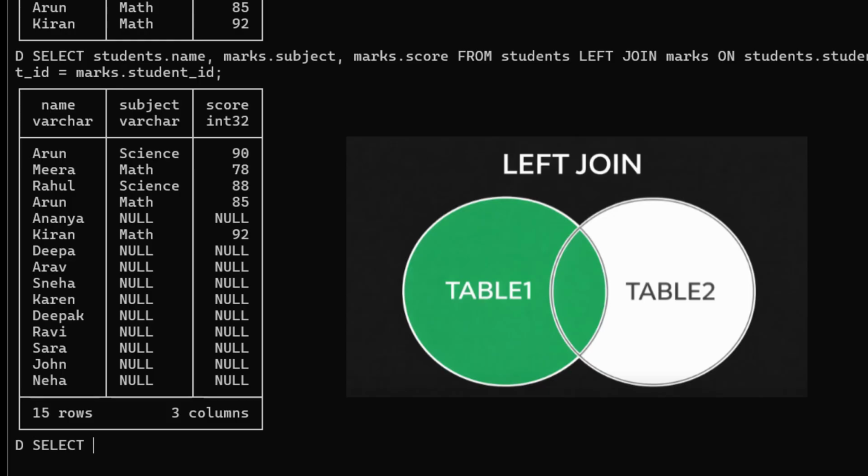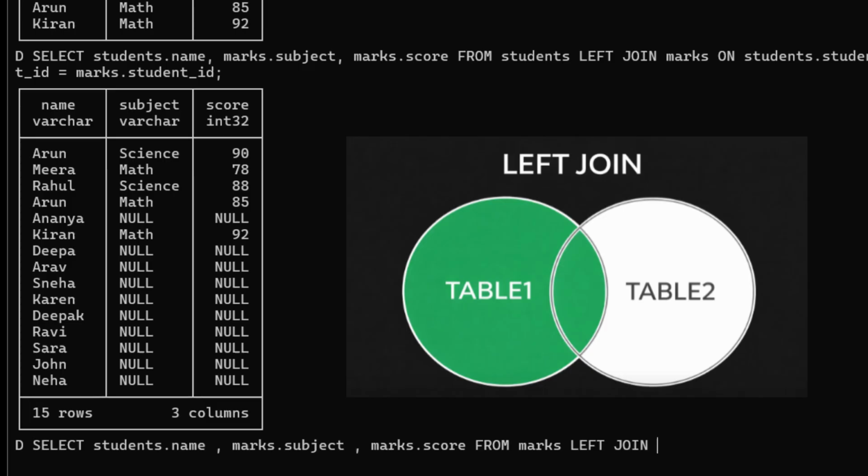Now we are selecting, just like before, students dot name, then marks dot subject, then marks dot score. Afterwards we are saying not from the students table but from the marks table. We are taking it from the marks table, and then we are using the left join.